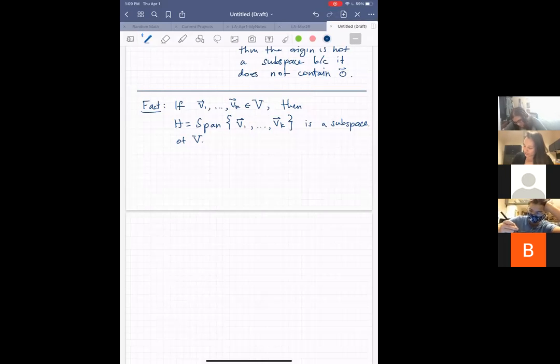Yeah, so this fact, like I said, it's not too hard to check. To verify this, you just want to check those 3 conditions that tell you that H is a subspace.